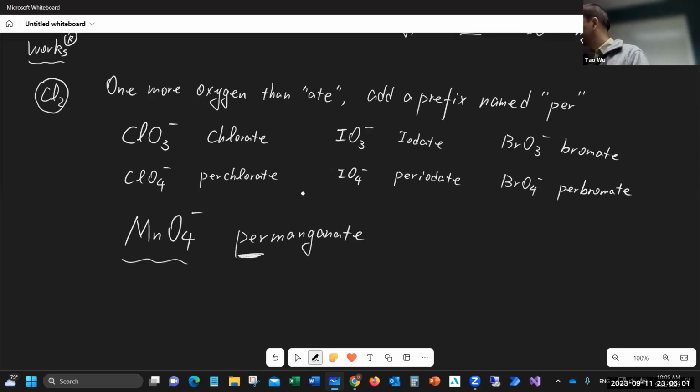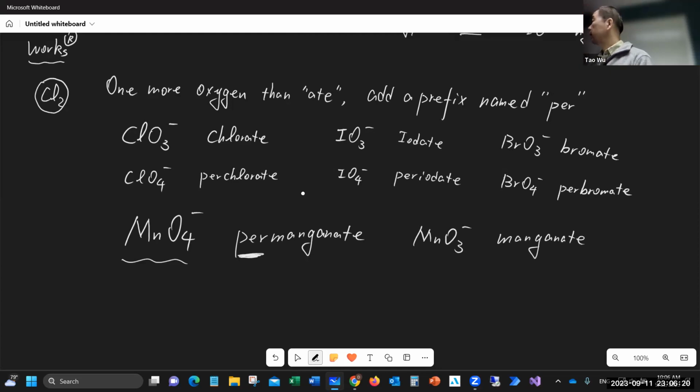So that means MnO3 minus should be called manganate, and MnO4 minus is called permanganate.